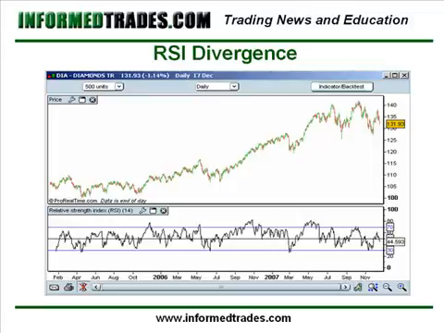So you can see here the market is making a new high, but the RSI is not, and that is a divergence, showing that the market may be running out of steam, and in that case it was, and it sold off pretty dramatically right after that.